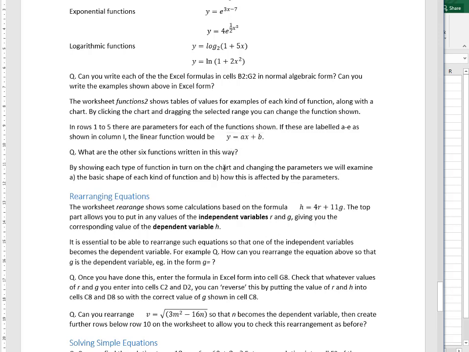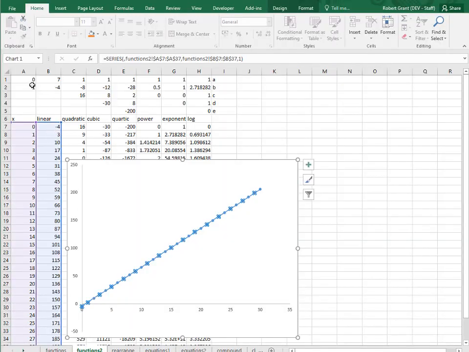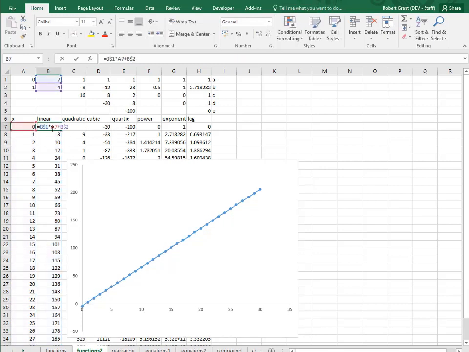So the first one, for example, is this linear one. I've labelled them here, A and B. So this is AX plus B. So B is the constant, and this is minus 4 times x plus 7.